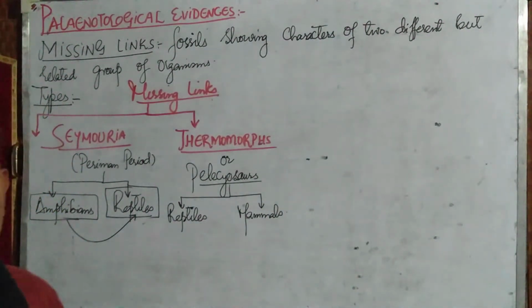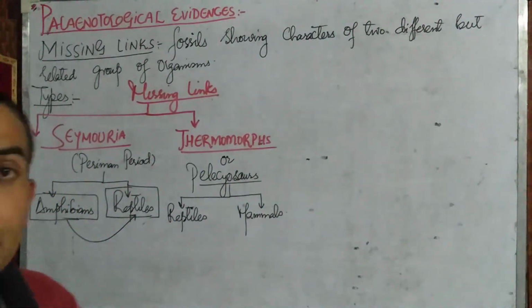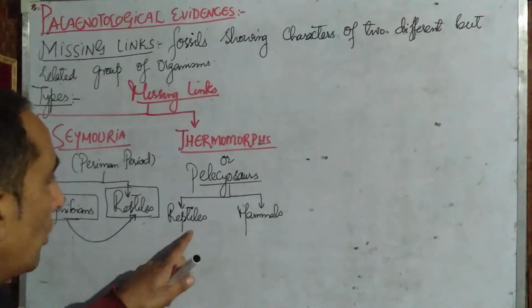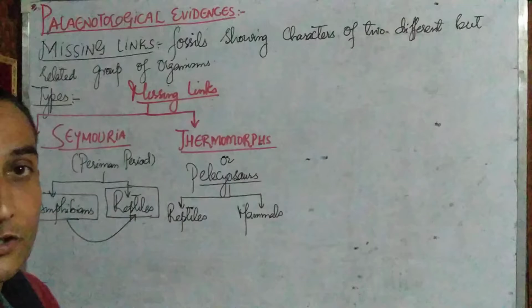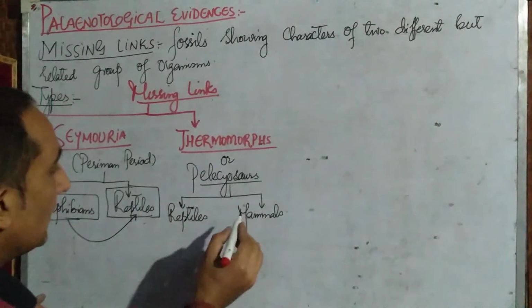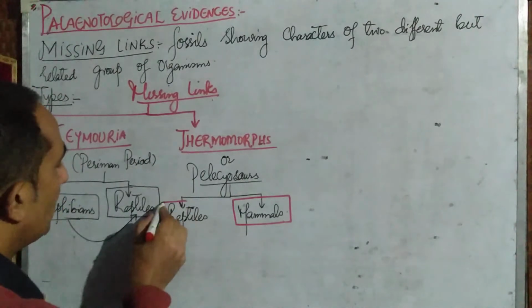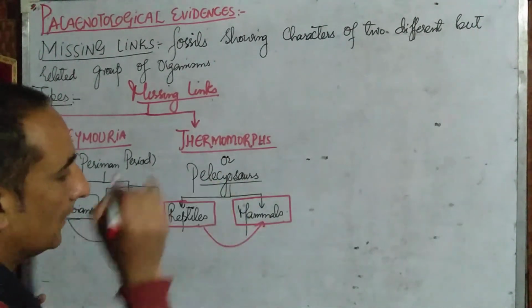So the pelycosaurs or thermomorphs are the missing links between the reptiles and the mammals. They show some of the reptilian characters and some of the mammalian characters. It means that this group of organisms we call as mammals have evolved from this group of organisms we call as reptiles. It's very much simple.